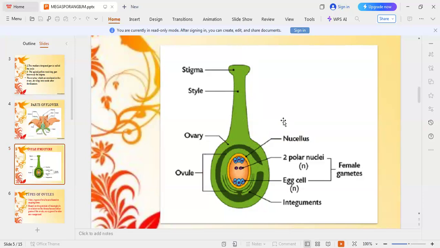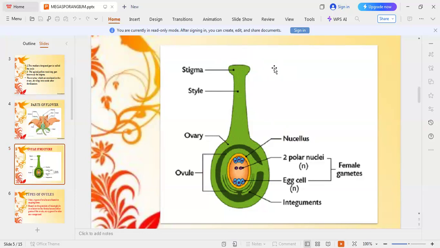The surface of the style may be smooth, or in some cases covered with hair-like structures. It is not so in all cases. In many cases these hairs can also collect the pollen grains, along with the knob-like sticky stigma.